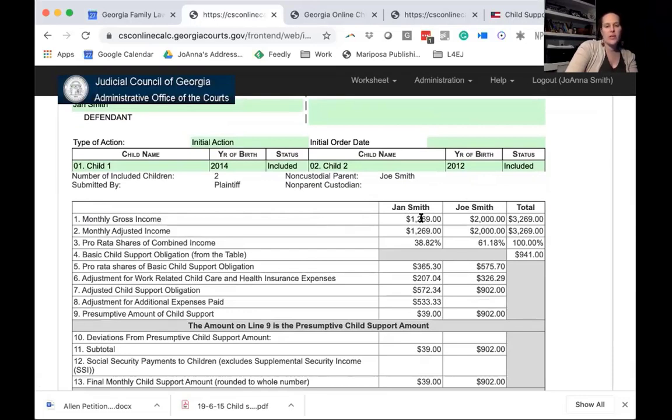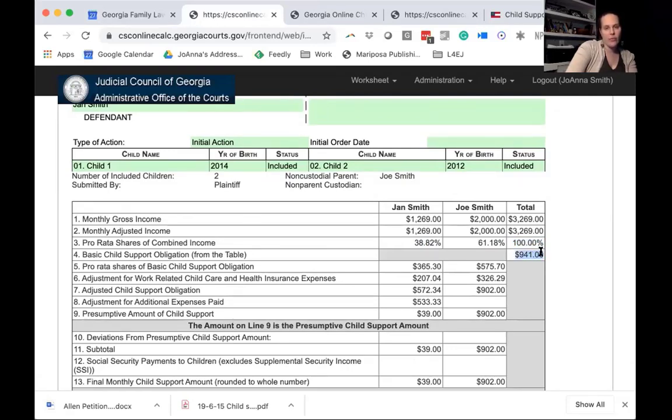This here, remember, was the gross income. Gross income, this is their total income. This is their pro rata share of that income. This should always equal 100%. This is the basic child support obligation from that table.